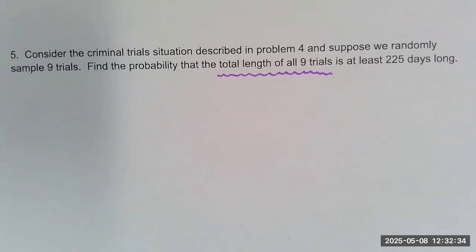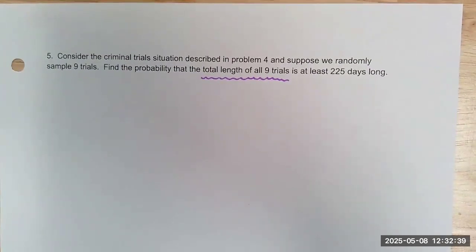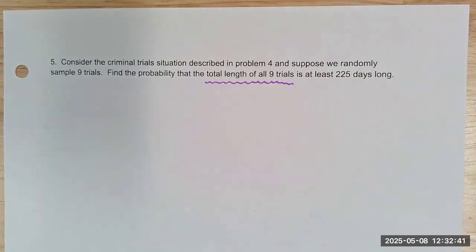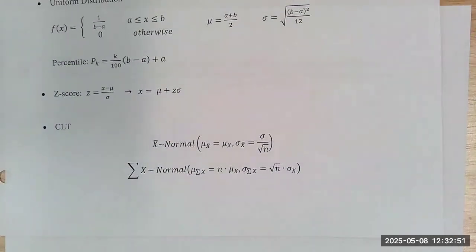Yes. Just for clarification, for the CLT theorem for normal, not the sum, is the keyword mean? Like average? Or average, yeah. How would you know it's the top formula instead of the bottom formula? Yeah. So that you're finding the mean for the sample.